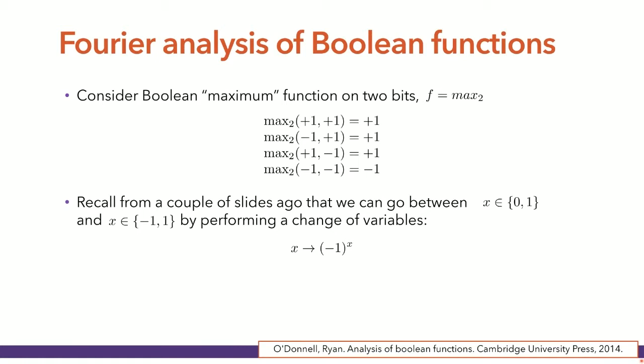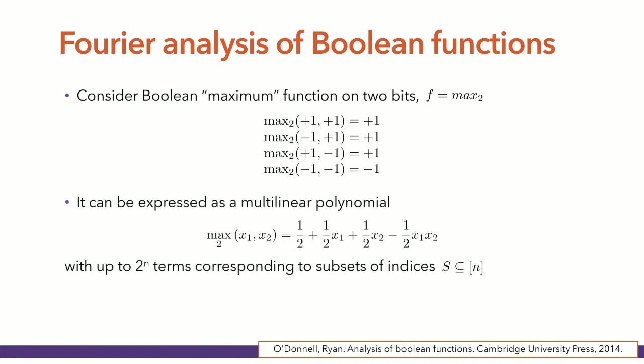I'm going to go back and forth between x being -1 and +1 and x being 0, 1. And as I've shown before, we can always do this by a change of variables. So this maximum function can be expressed as a multilinear polynomial of this form. Now, how can we construct this multilinear polynomial?